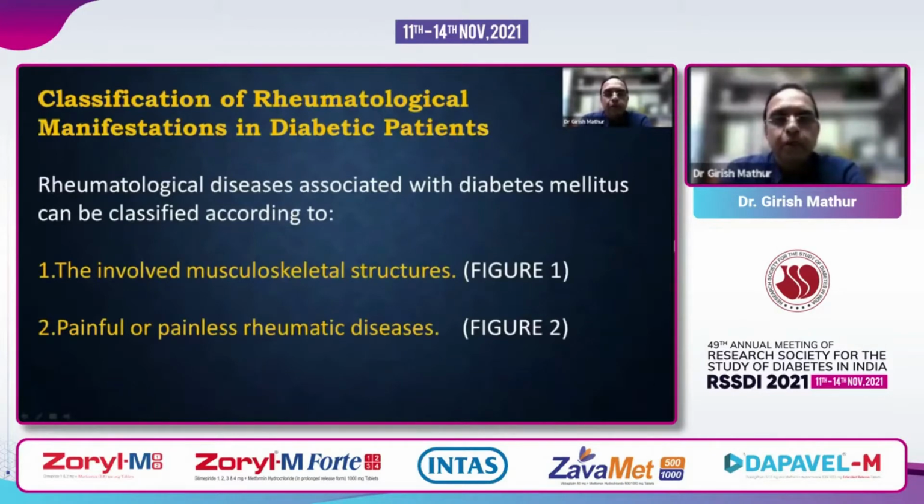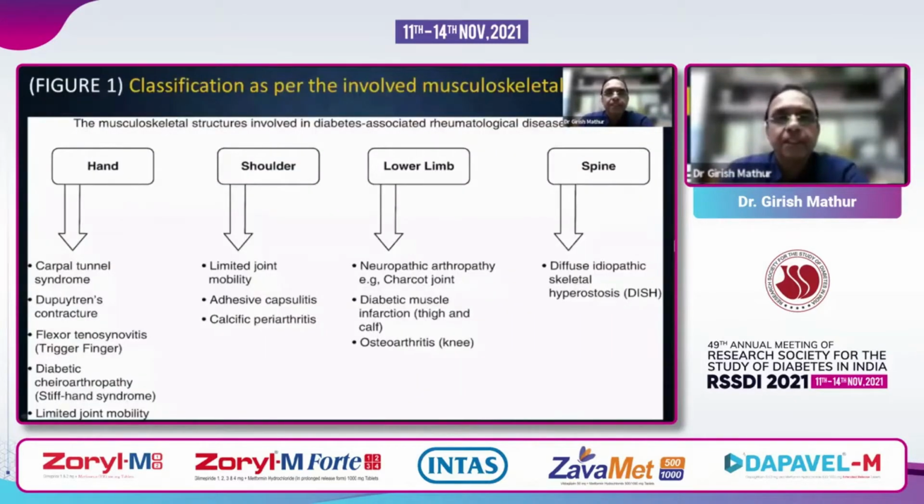First is according to the sites involved, and second, whether the disorders are painful or painless. By the first criteria, the most commonly involved sites are hand, shoulder, lower limb, and spine. In the hand, the disorders commonly seen are carpal tunnel syndrome, Dupuytren's contracture, trigger finger or flexor tenosynovitis, diabetic arthropathy, and limited joint mobility.